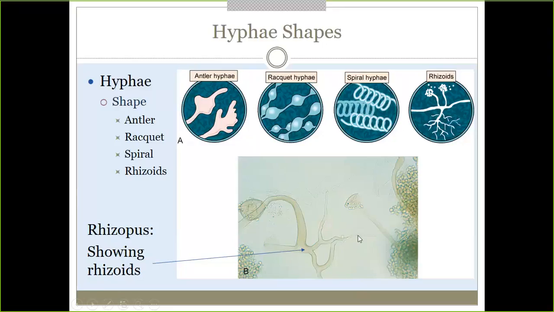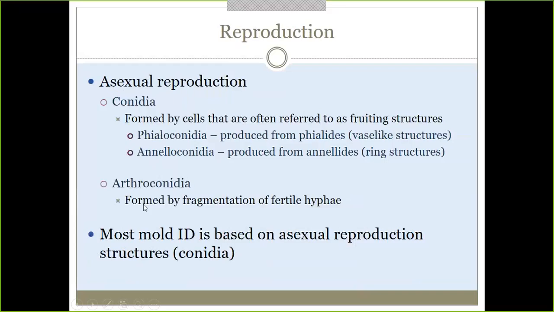There's 3 organisms that we will discuss that are differentiated based on if they have rhizoids and where the rhizoids are. So just keep in mind, the only hyphae shape I want you to remember is the rhizoids, the roots, basically. And then we will cover those 3 organisms that are dependent upon knowing where their rhizoid location is.